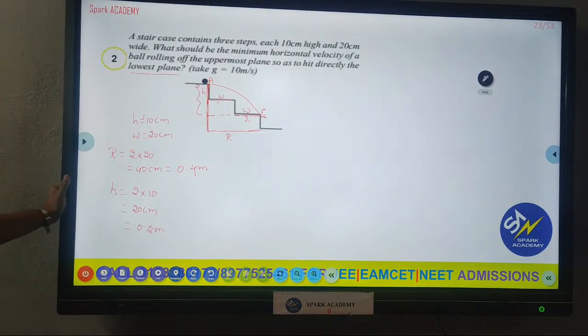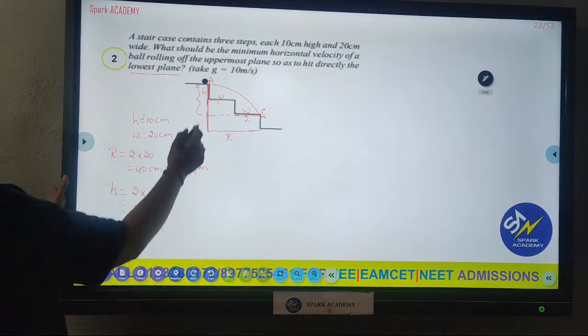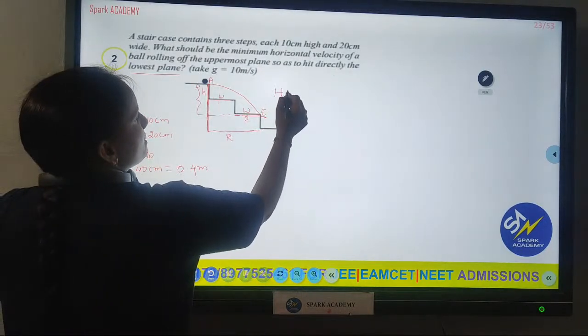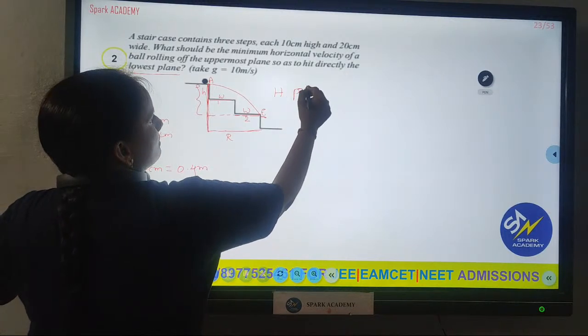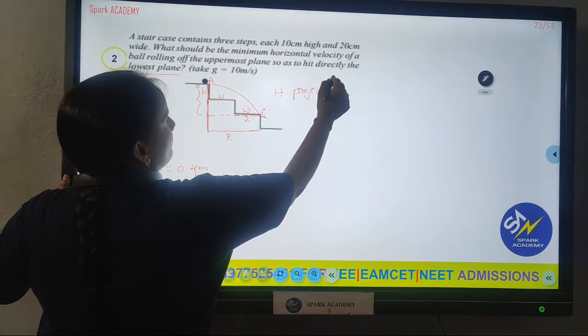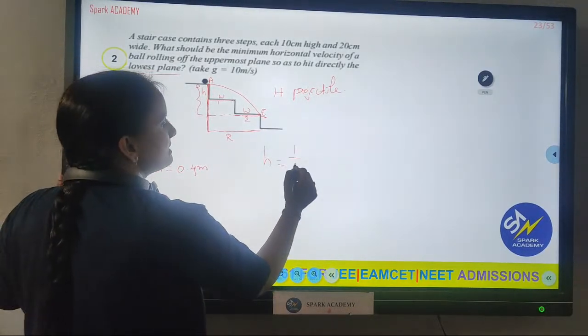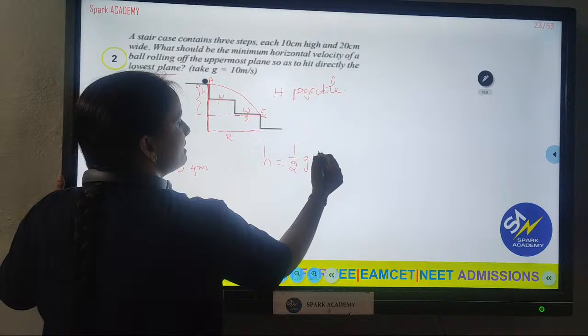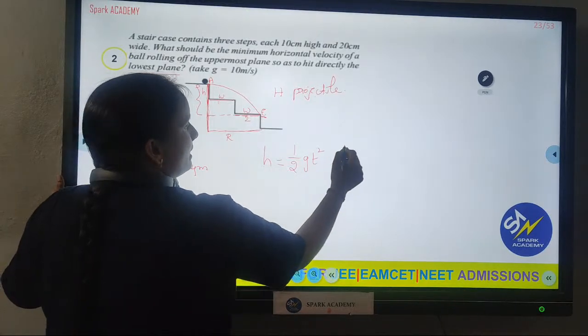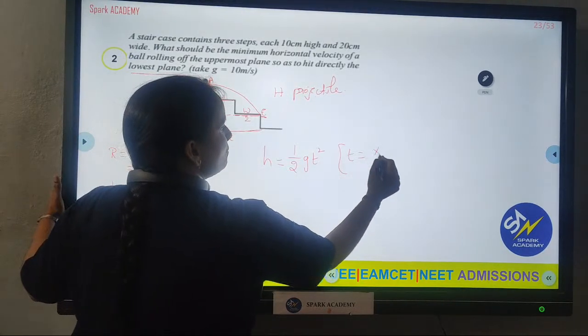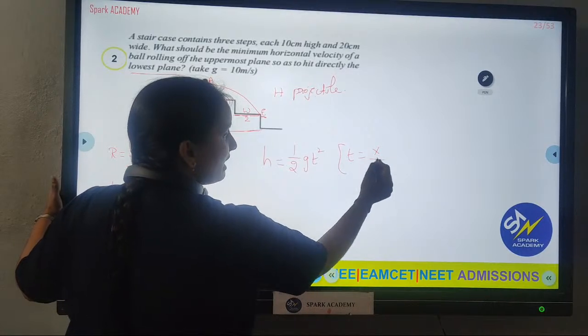Now they are asking what should be the minimum horizontal velocity of a ball rolling off the uppermost plane to hit directly the lowest plane. It is looking like a horizontal projectile. So for a horizontal projectile, height of the projectile is half g t square, and t is equal to x by u, where x is nothing but range.